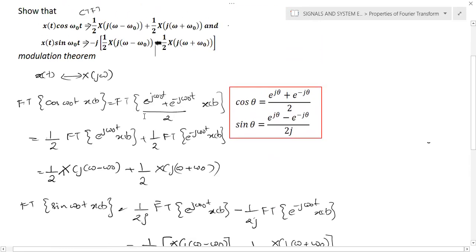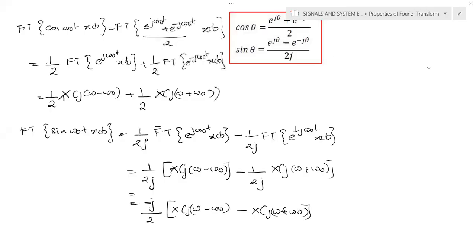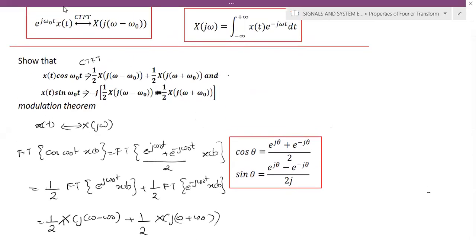I think I made a mistake here. If minus j is taken as a common term, definitely this term becomes plus, and the first term becomes minus. So please correct this.